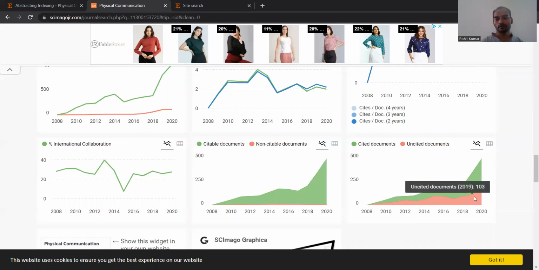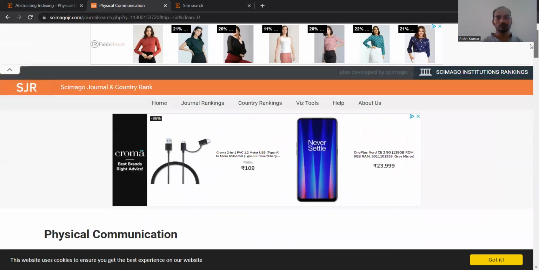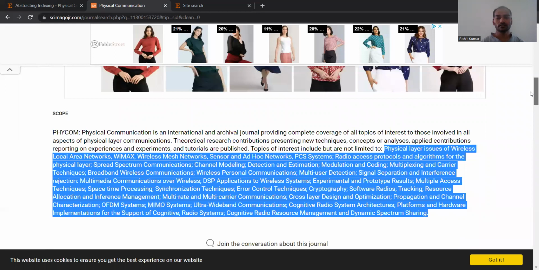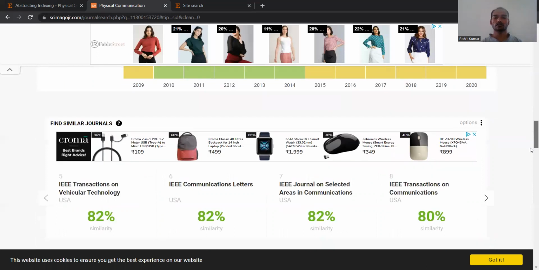And that might be because very few people, I think, are aware of the presence of this particular journal. The journals which have less impact factor, which are exclusively working in a particular direction or focusing on a particular research domain, are not much known.